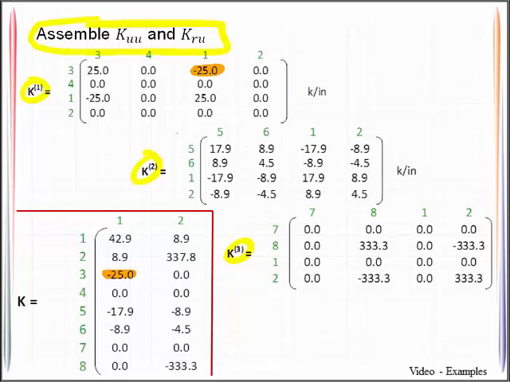So term 1, 2, this is the 8.9 term, so we would scan through this and find I've got K12 right here, I've got K12 right here, K12 right there. Add those up and drop them into the structure stiffness matrix. Let's look at K11.